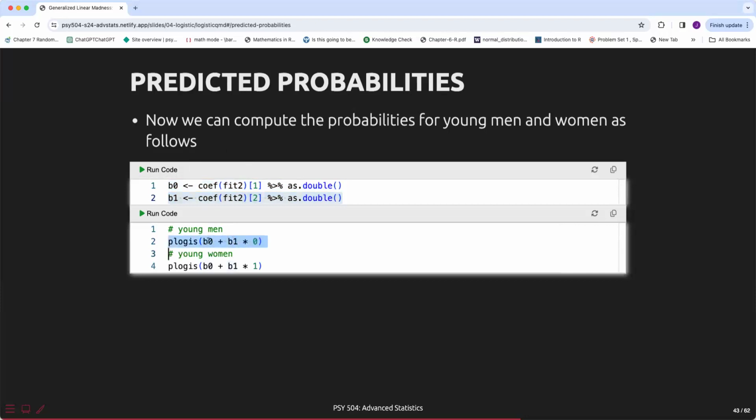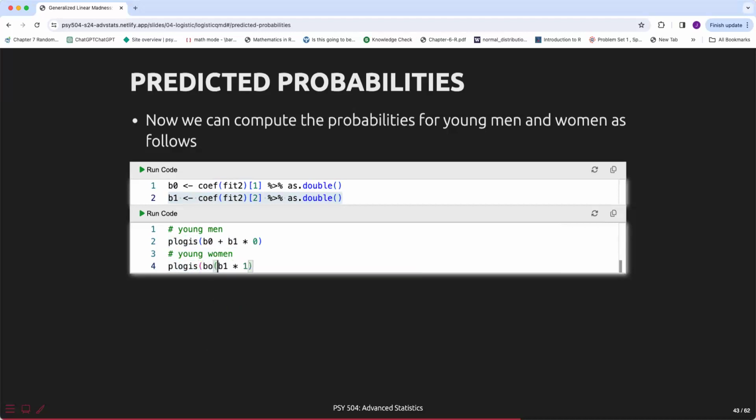So for the males, all we are doing is basically putting in the intercept value, right? So B1 times 0 is going to be 0. For women, what we need to do is introduce the intercept value into our equation. We can't just put in B1. This is going to give us the incorrect predicted probability because this is comparing something to 0. So we need to include the intercept value.